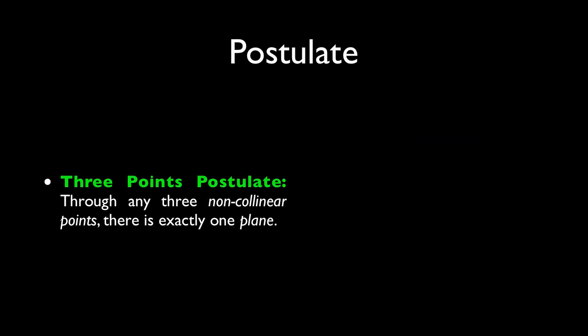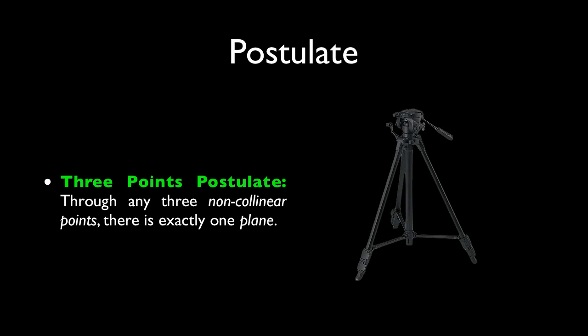Our fourth and final postulate for today is the 3 points postulate. Through any 3 non-collinear points there is exactly one plane. A lot of people will call this the tripod postulate because it's why a tripod works. Have you ever noticed that a tripod never wobbles? It always stays firmly on the ground.